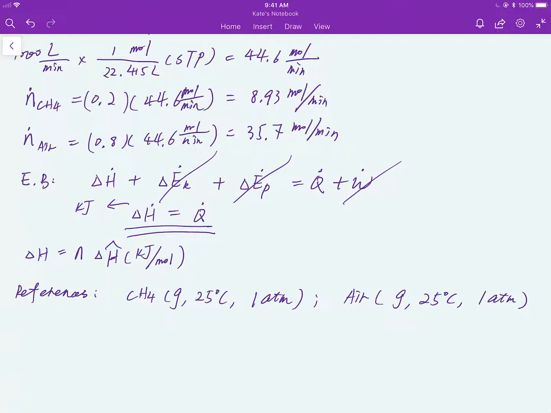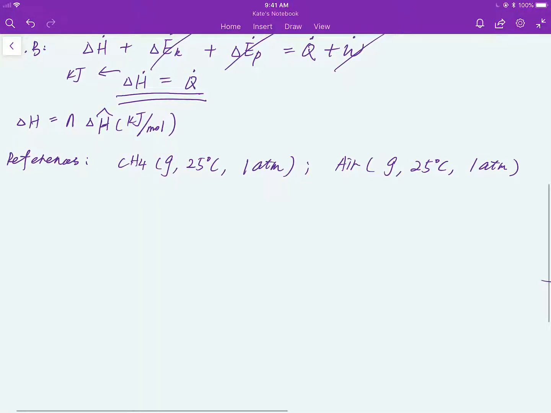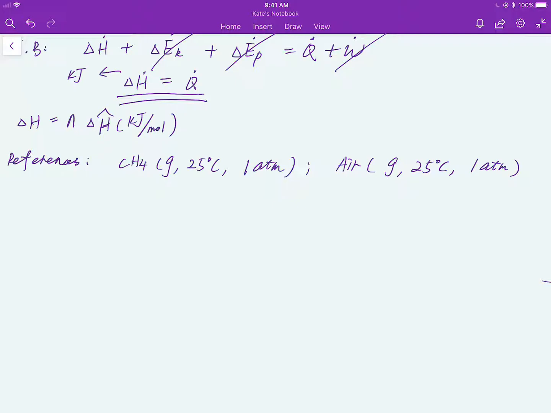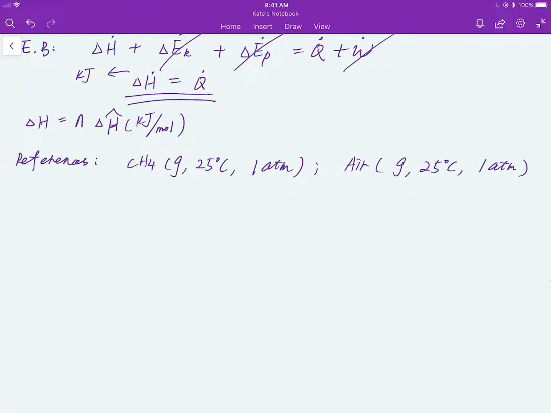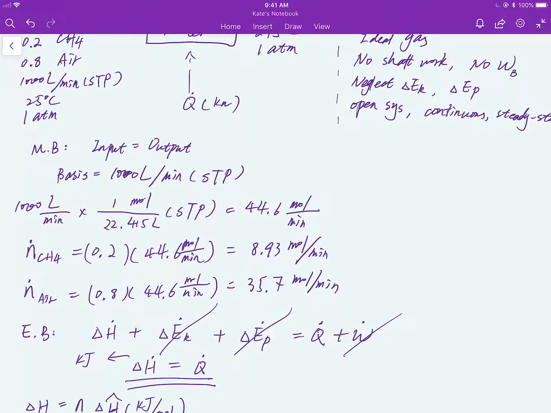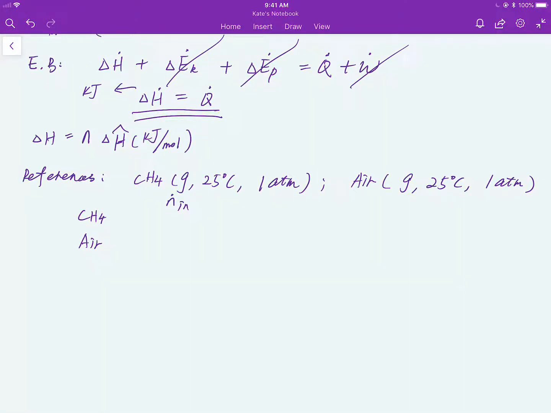Now I need to draw a table for all the species, listing the mole number as well as specific enthalpy. And then I have to write the species again. The molar flow rate in the input stream equals the output stream, because of this, we have molar flow rate input equal to molar flow rate in the output stream, the same for all the species.